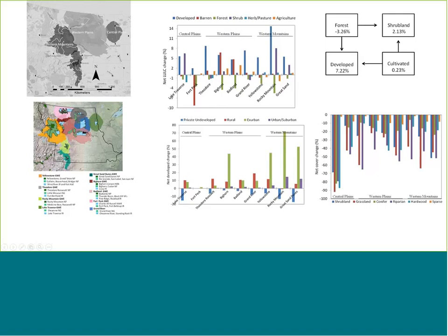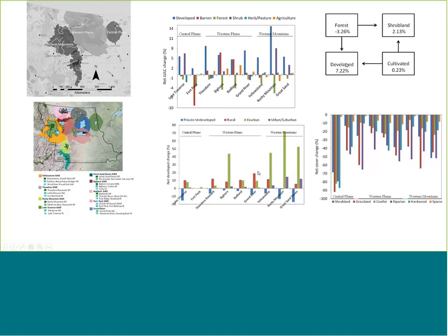The trajectories of change in these NLCD classes are represented here. This is now across all 9 greater ecosystems. Basically, it's showing a conversion from forest to shrubland and especially to developed. And then overall across the system, a loss of cultivated, partially to shrubland, but again to developed.